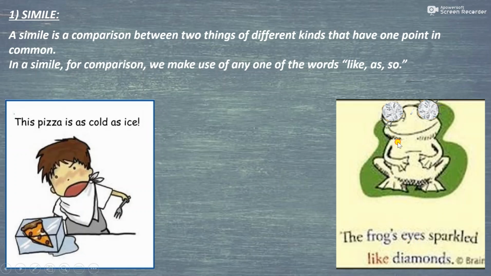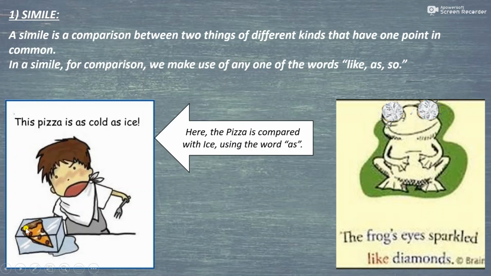When we consider the image on the left hand side, it says that the pizza is being compared with ice. So here we are comparing two nouns. The first is a pizza, the second is ice, and we are comparing the two nouns on the basis of one common point, that is being cold.